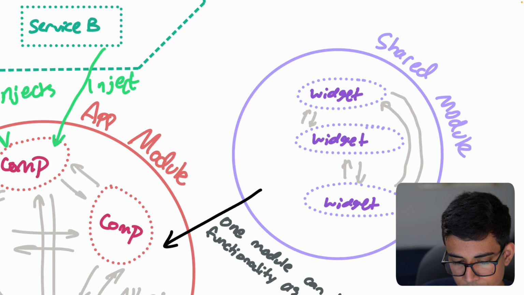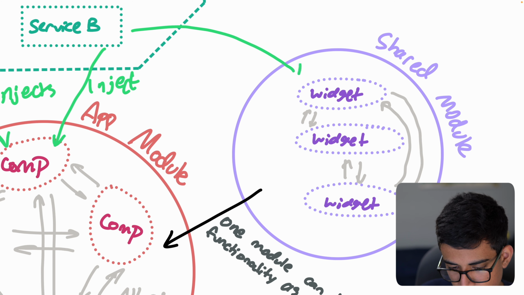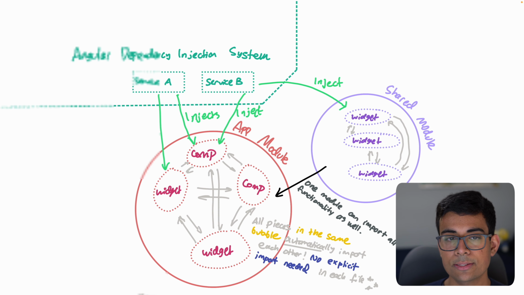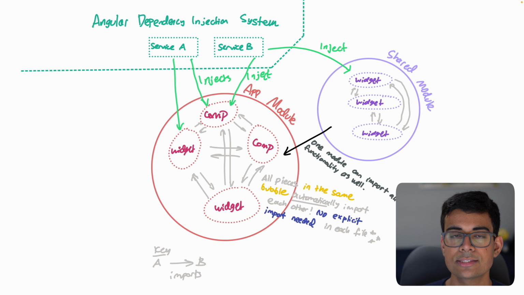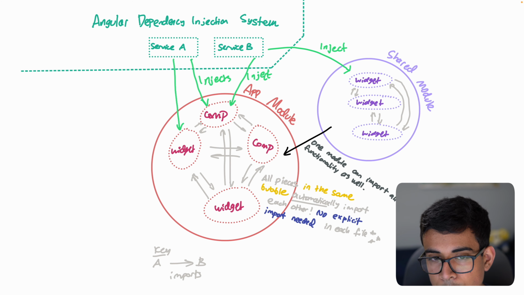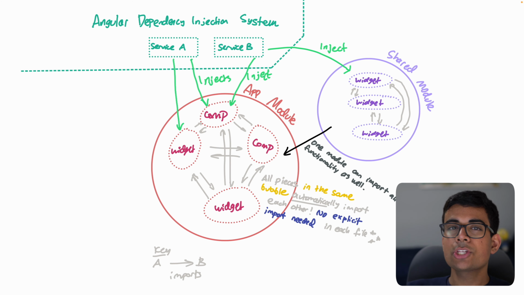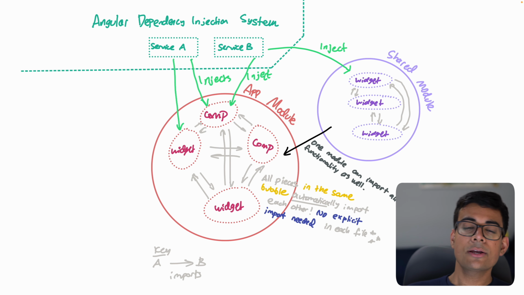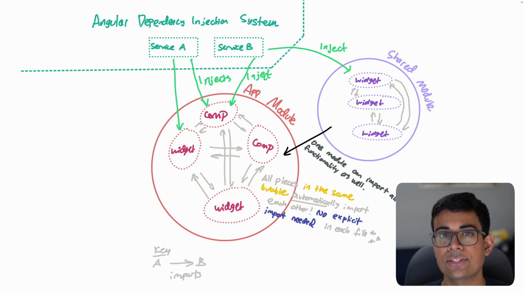So if I draw this, I'll try to draw it rather straight, this widget over here can also inject my service. And the reason why this is important to remember is that regardless of the module that you're in, services are globally available. So if you have a service, any component in any module should be able to properly inject that service.